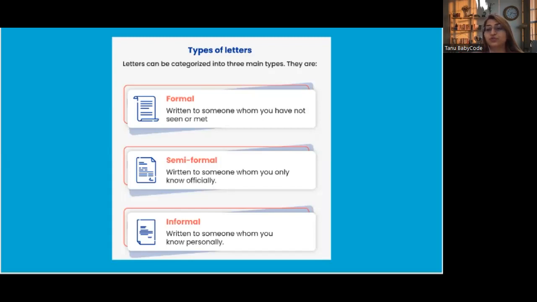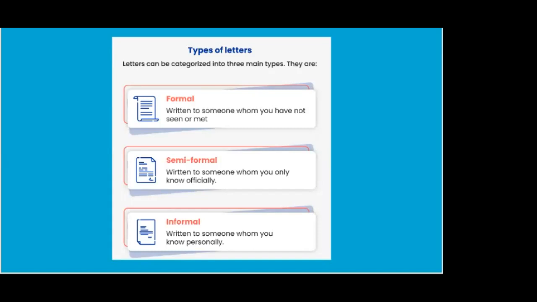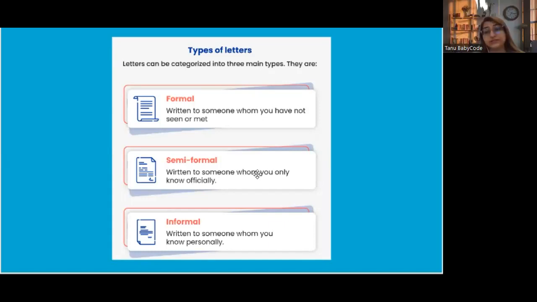So you know that person, but in a professional way. That is semi-formal, right? Informal means which is written to the person whom you know personally. That means your friends, your family. So informal is to write to somebody whom you know personally.